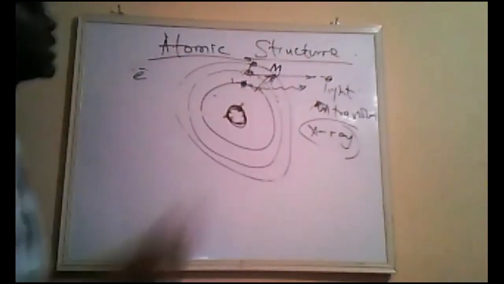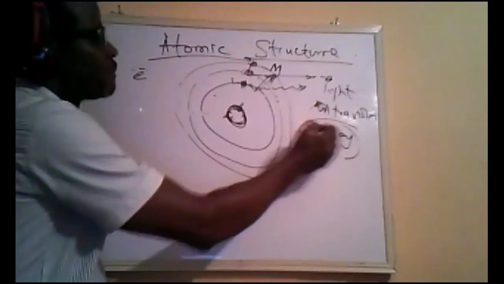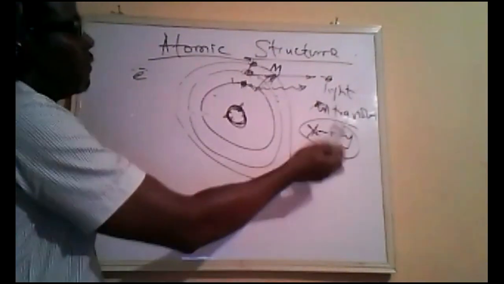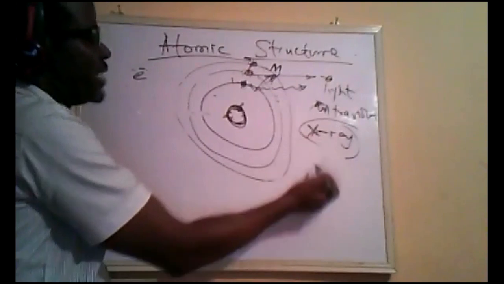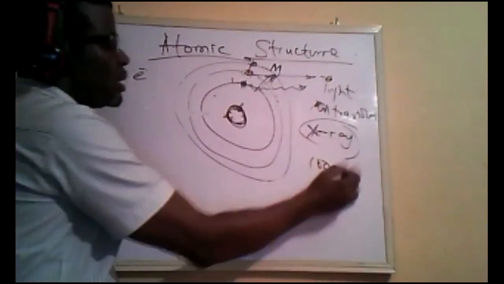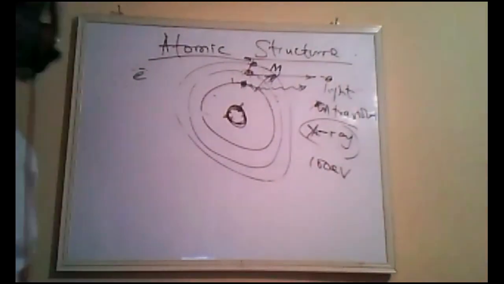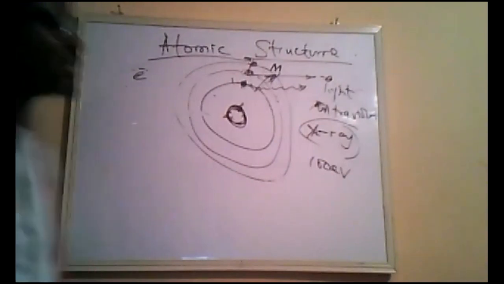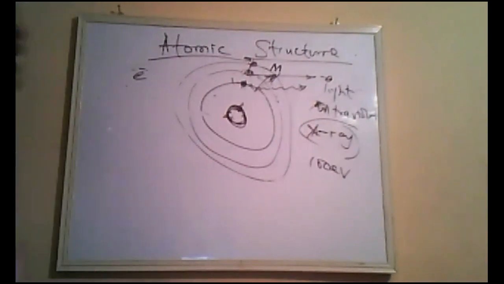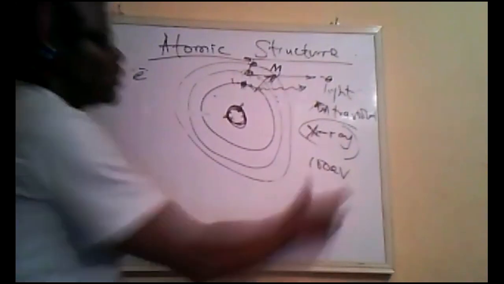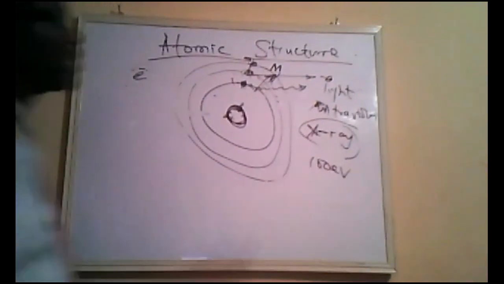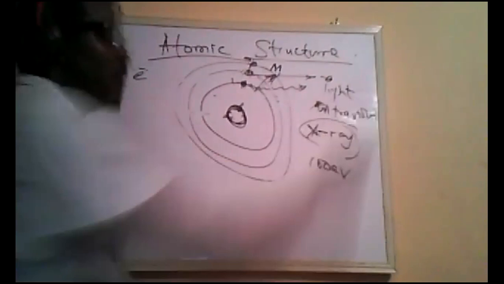So for characteristic X-ray, the energy must be above 100 electron volts for us to have characteristic X-ray. These other ones, they also have their functions.